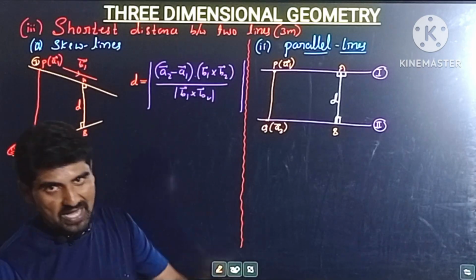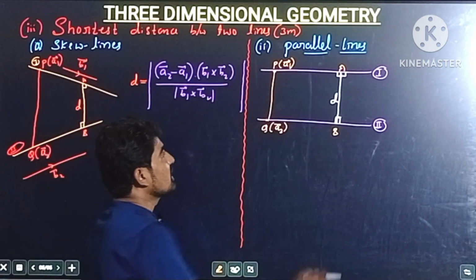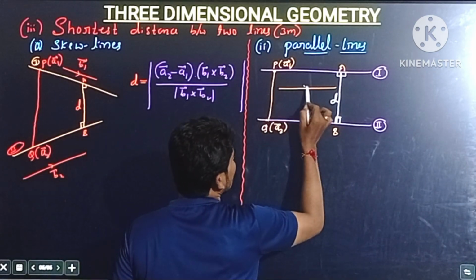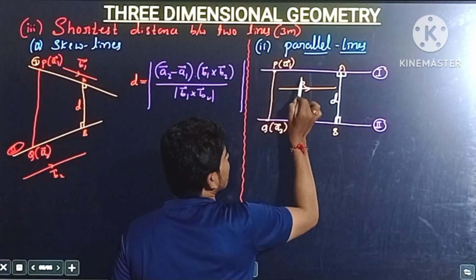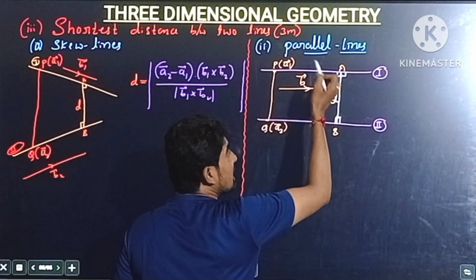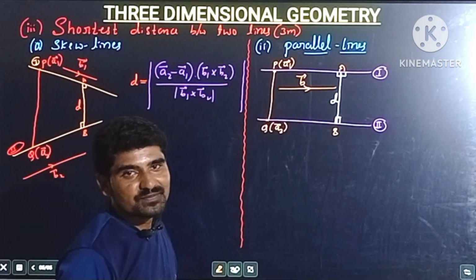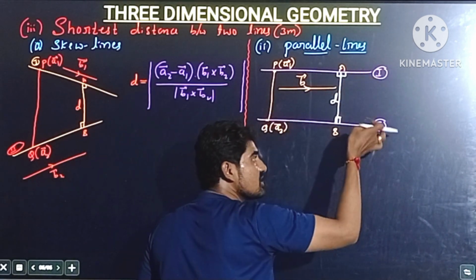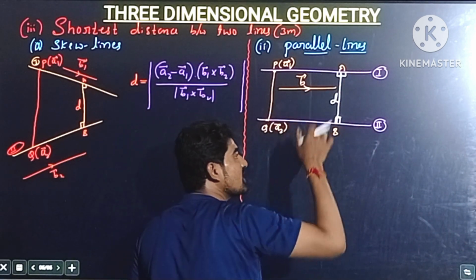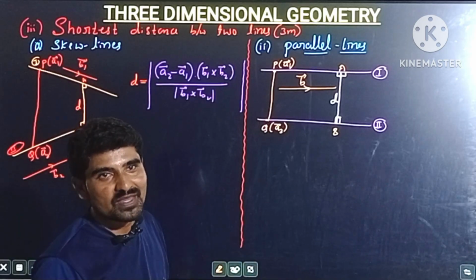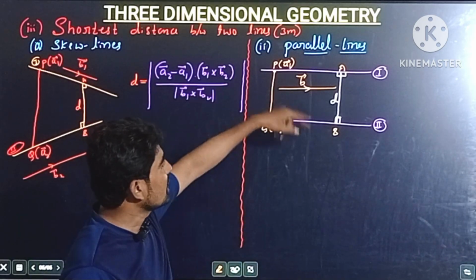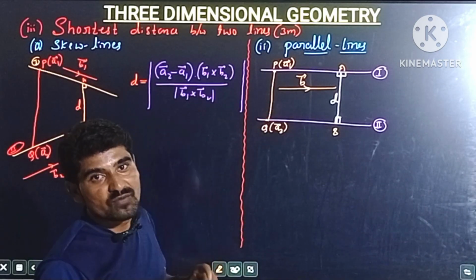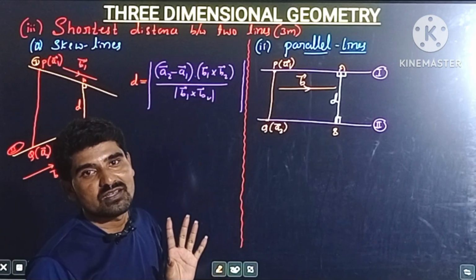If they are parallel, definitely the vector which is parallel to the first line is also parallel to the second line. So if B vector is parallel to the first line, it means B vector is also parallel to the second line. So if they are parallel lines, we have only one parallel vector.